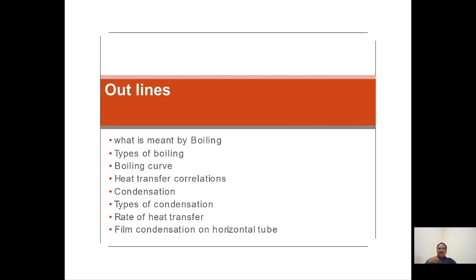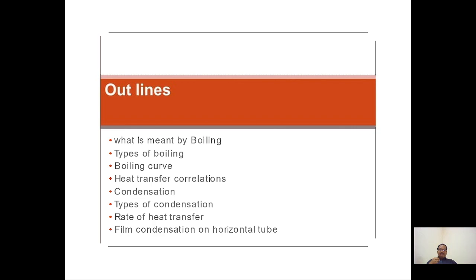Today, we will discuss boiling and condensation. Boilers and condensers are heat transfer equipment, phase change equipment. These two important heat transfer equipments are used in power plants, refrigerators, and air conditioning.